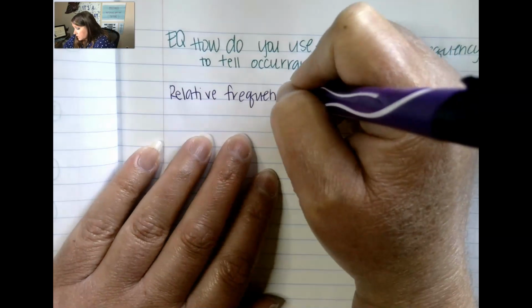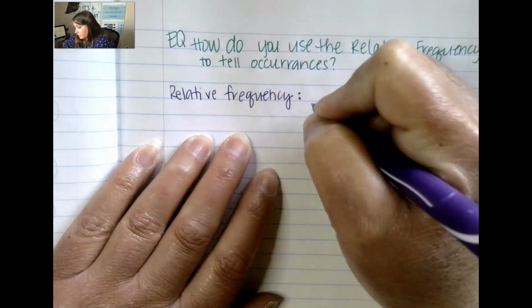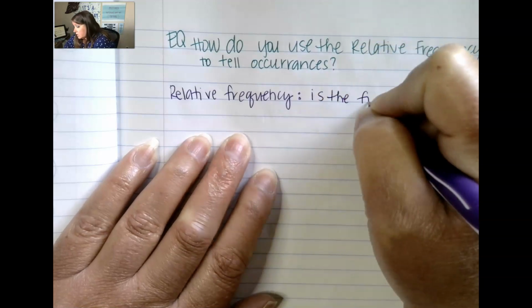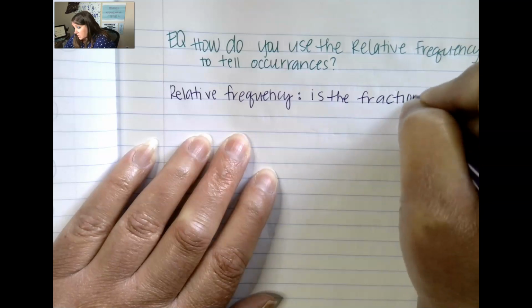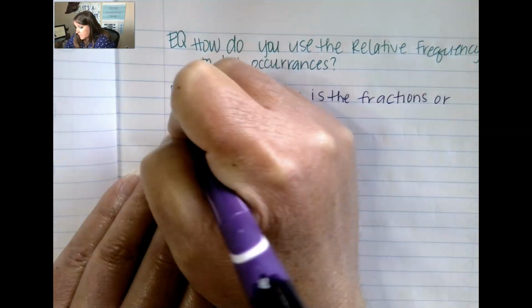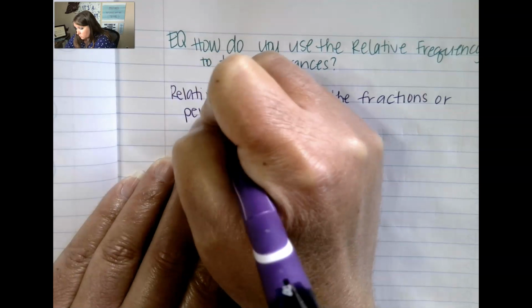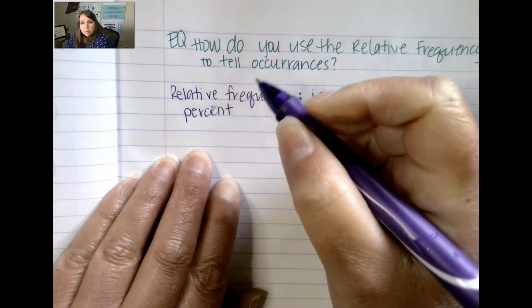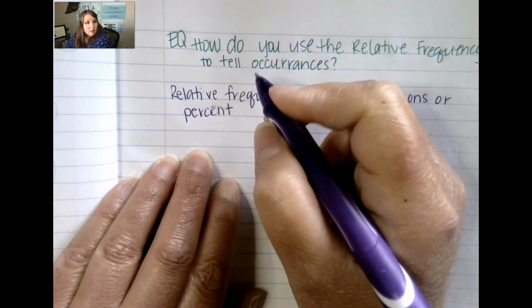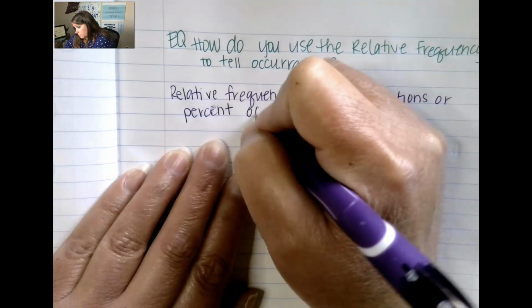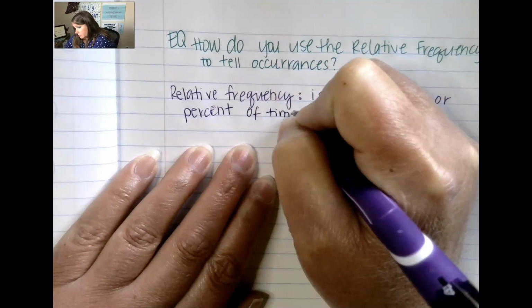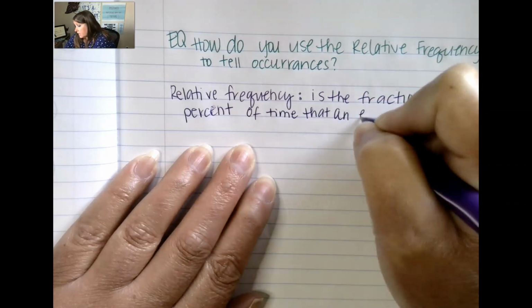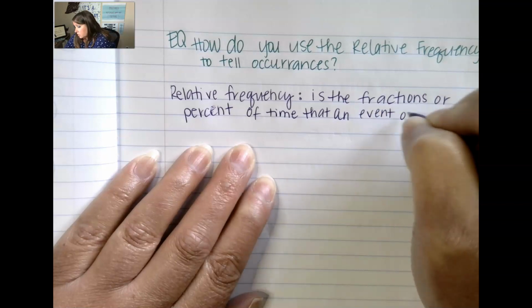So relative frequency is the fraction, so we're looking at fractions, or the percent of time that an event occurs.